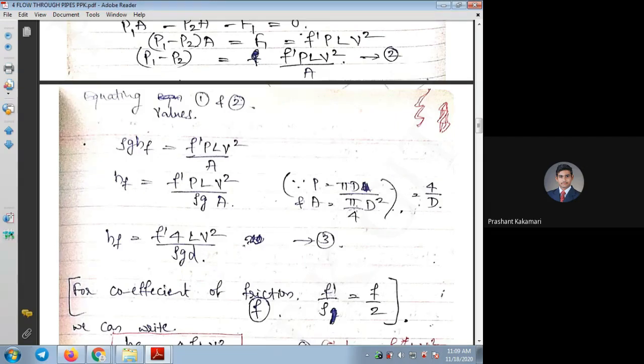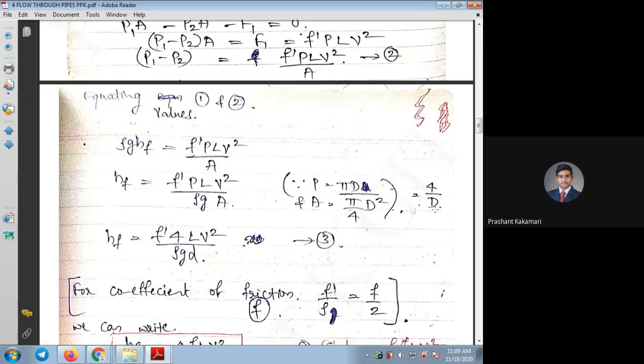I can write P by A as 4 by D. Taking the ratio of P by A, that is pi D divided by pi by 4 D square, which is nothing but 4 pi D divided by pi D square. So we are left with 4 by D.